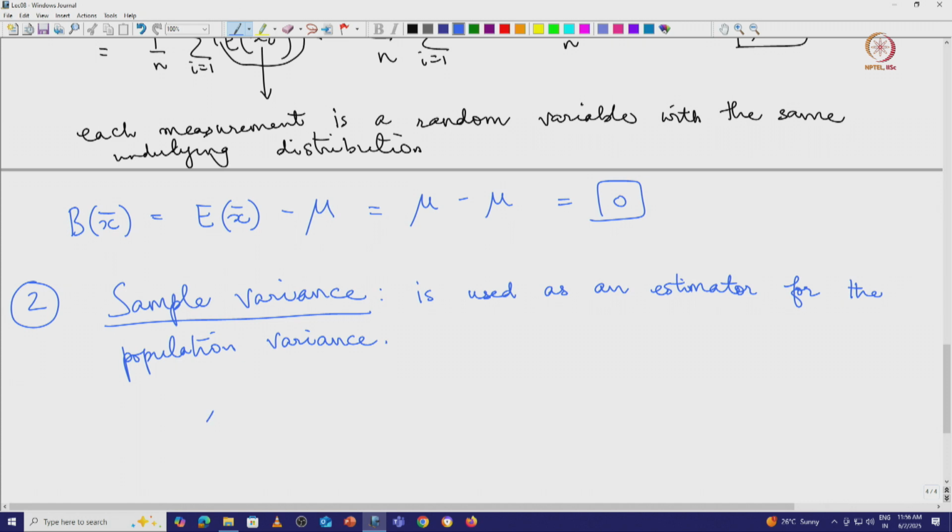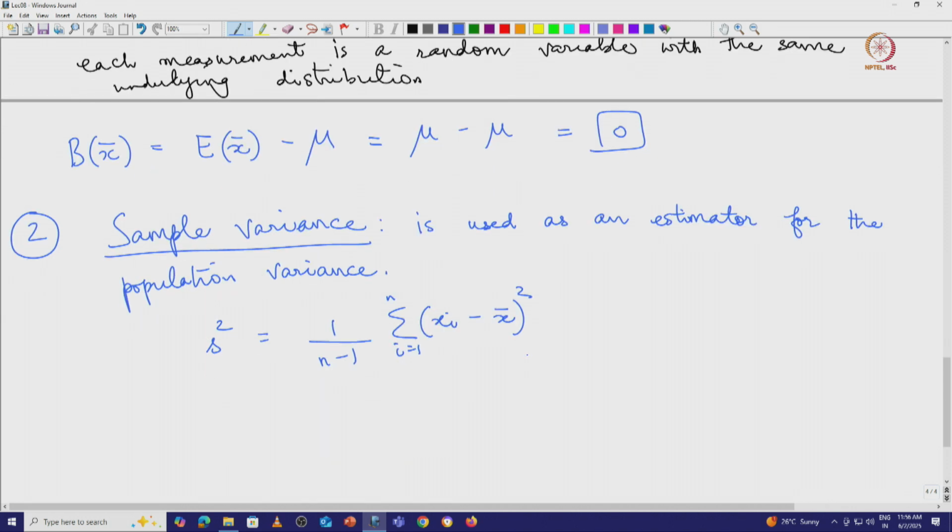Okay. So, this is defined as S squared equal to 1 over n minus 1 sum i going from 1 to n of xi minus x bar whole squared, where this x bar is something that we just encountered above. This x bar is basically the sample mean.